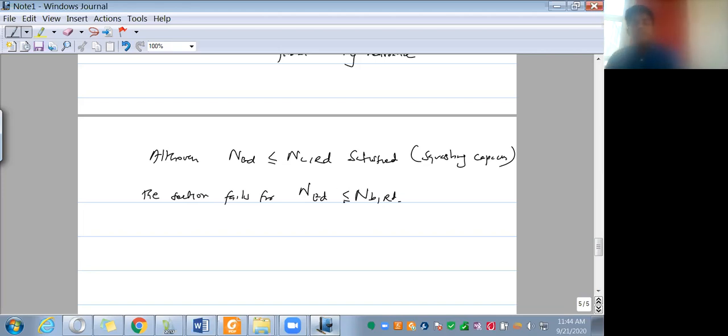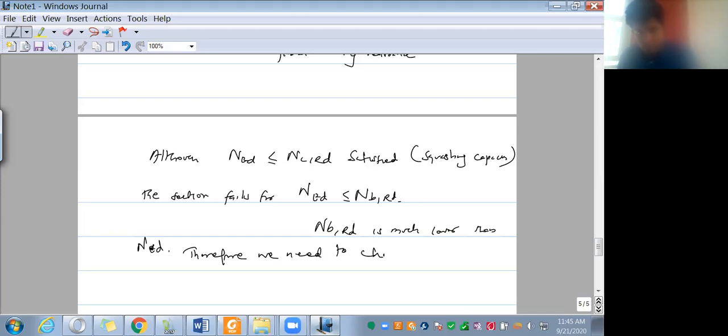Okay, so it is not satisfied. N_b,Rd is much lower than N_Ed. Therefore, we need to choose a bigger section.